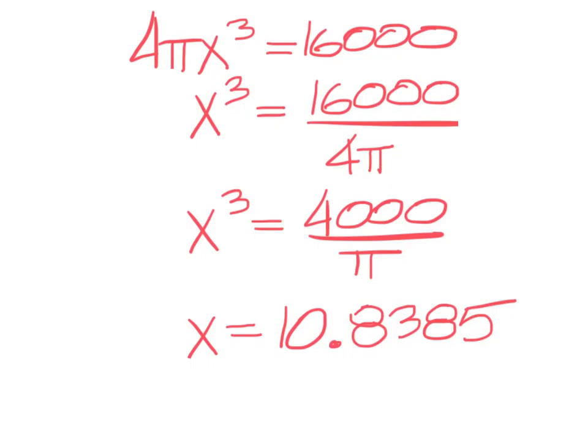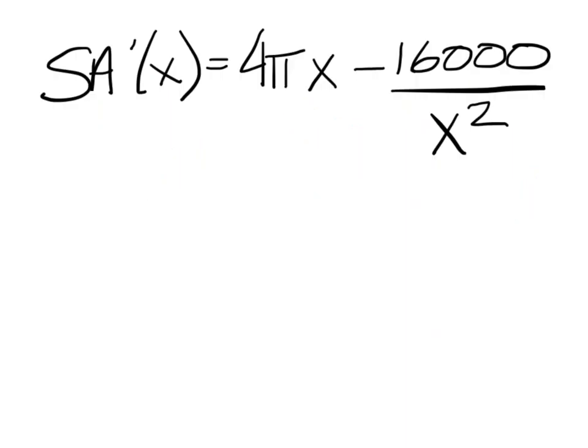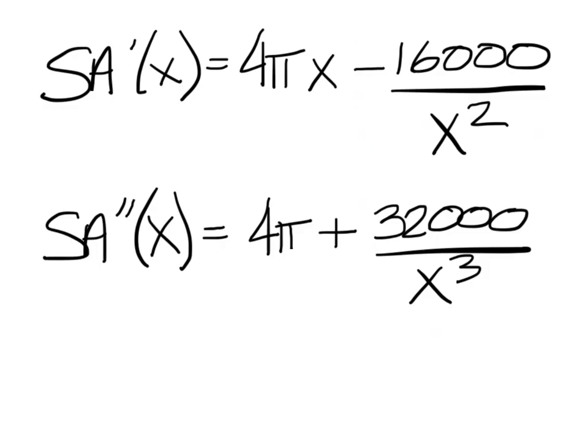Finding the second derivative now. Here is the first derivative, 4 pi x minus 16,000 over x squared. And the second derivative, remember, you increase the exponent on the denominator variable by 1, move the old variable, which is 2, to the top and multiply by 16,000. That's where we get 32,000. And change the sign out front.